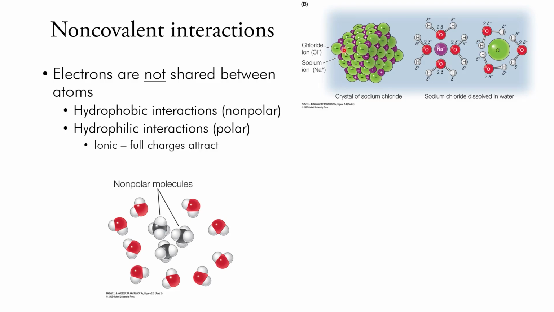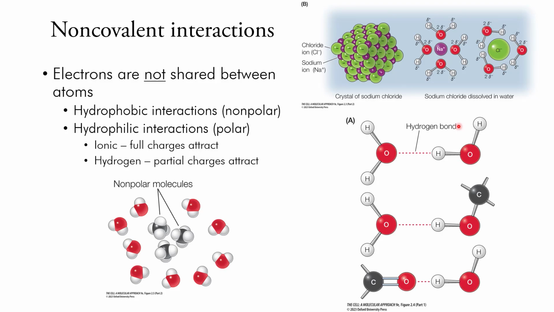So in this molecule of salt, sodium is positively charged, chloride is negatively charged. They're binding to each other via ionic bonds. You could have partial charges where you have, again, that partial negative on the oxygen attracted to the partial positive on this hydrogen. They're going to want to interact. And so here you have hydrogen bonds, hydrogen interacting with oxygen, so to speak.